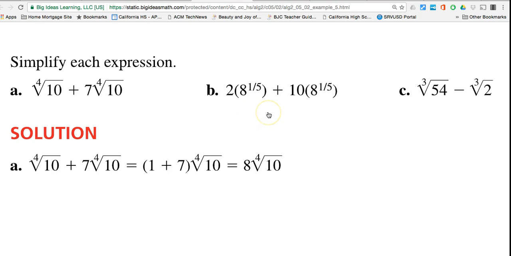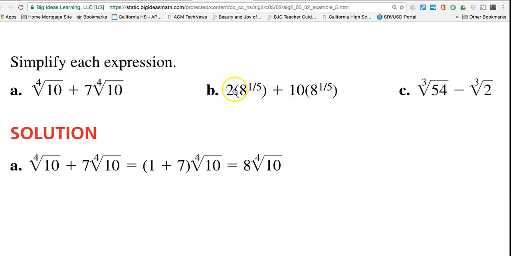The same holds true when it isn't in radical form. Remember, 8 to the 1/5 power is just the fifth root of 8. So this problem looks just like the one we just did, except these are written in exponent form instead of radical form. Again, you're making sure your terms are like, so same base and same exponent.